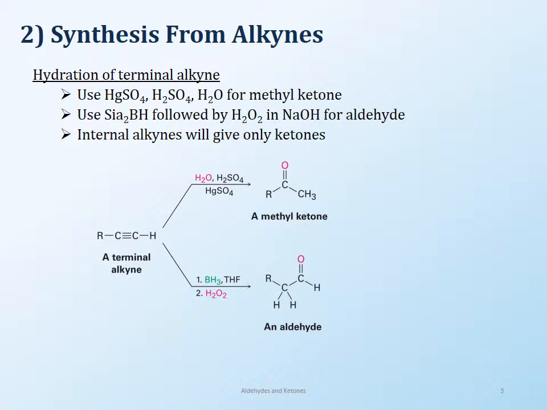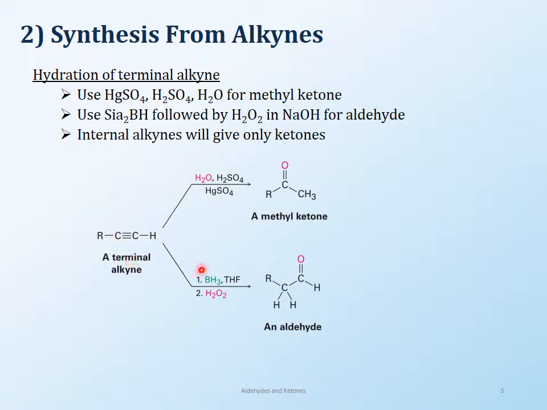The next synthesis is from alkynes, and in alkynes you have two kinds of alkynes, terminal alkyne and internal alkyne. So this example that is given to you here is for terminal alkyne. So if you have a terminal alkyne and you use mercury sulfate along with sulfuric acid, then you end up getting a ketone. Okay, a ketone, which means that your functional group is coming on the internal carbon.